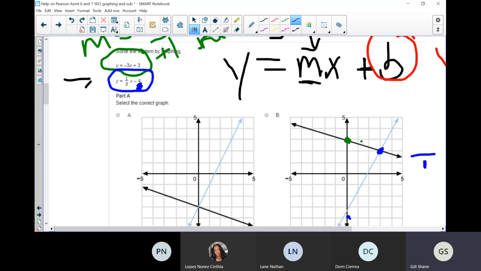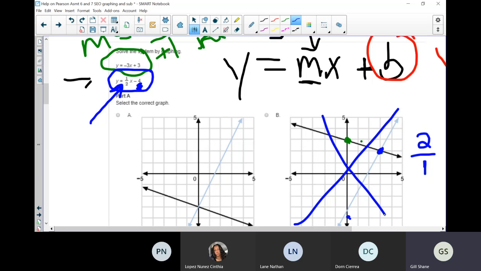So run would be 1 on the bottom, and the rise would be +2. So does that match up? That doesn't even match up either because it should have been 1/2 according to the equation. Should have been 1/2, and it's not. It was 2/1. So clearly this is not the right graph. That's how you go through and match up the different components to figure out which graph matches up.